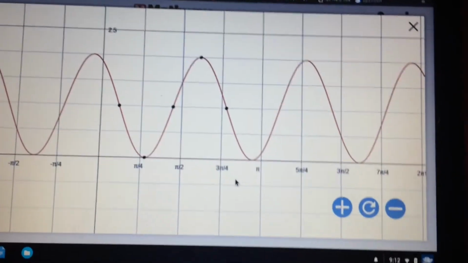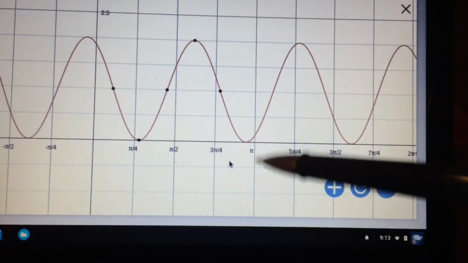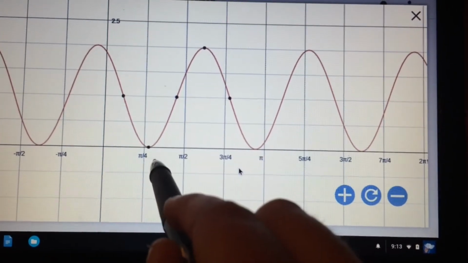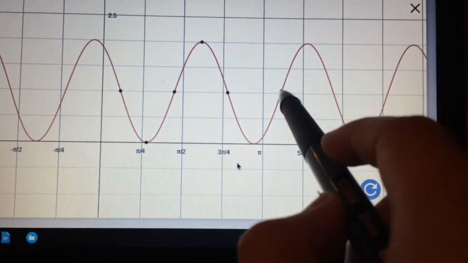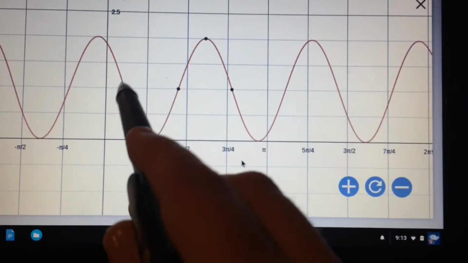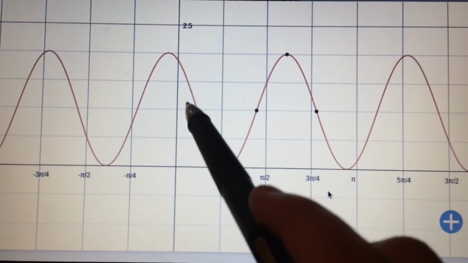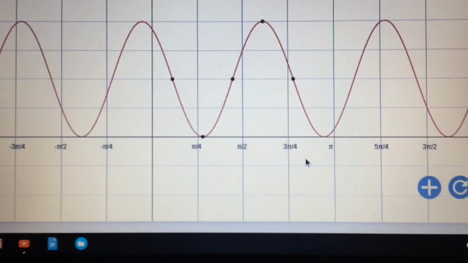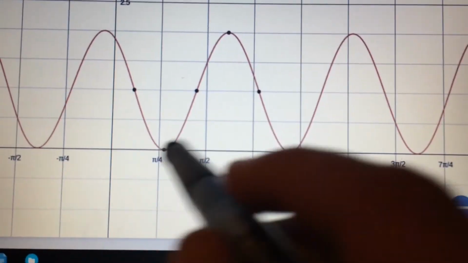And to be able to graph a sine graph, you have to keep in mind that you start from middle, low, middle, high, middle, low, middle, high, middle, low. And also do the opposite to the other side of the graph, which will be middle, high, middle, low. So this is how you will graph.